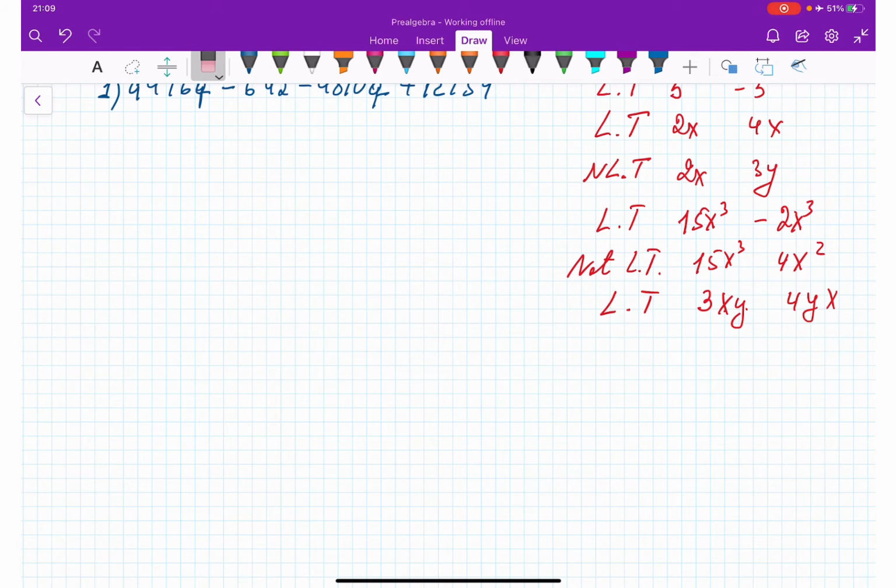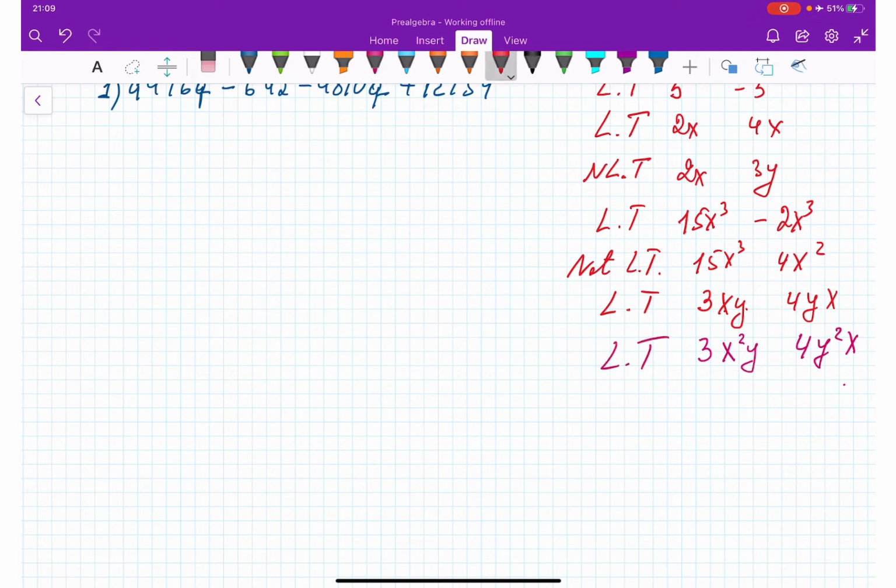The different story is if I put 3x squared y and here 4y squared x. Although both of them are squared, here x is squared on this side, and on this side y is squared. This is why they are not like terms.